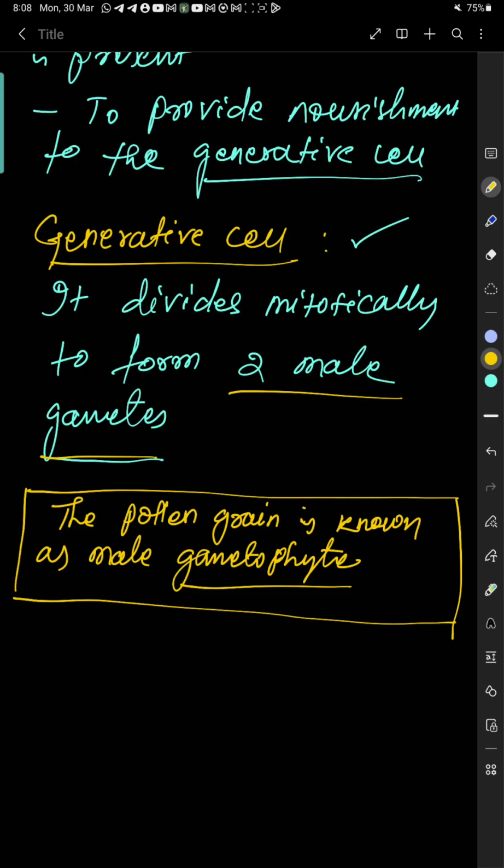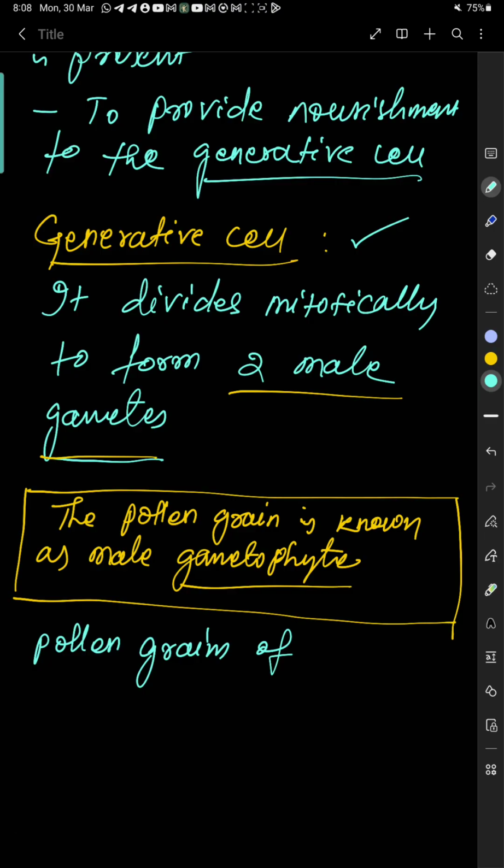Now the pollen grains of many species cause allergy. Some of you may also be having the allergy to the pollen grains.